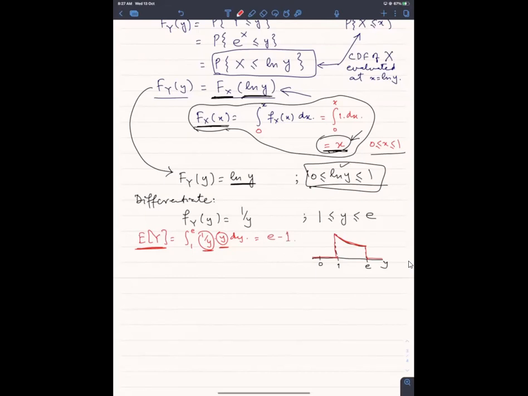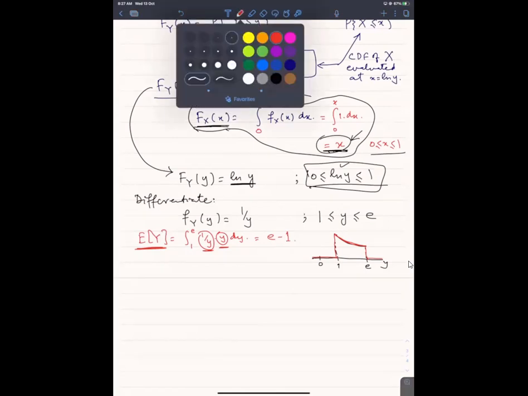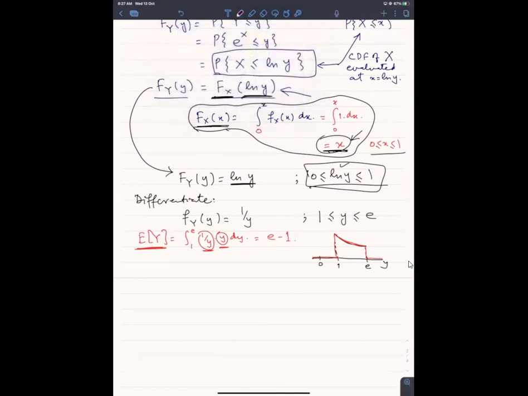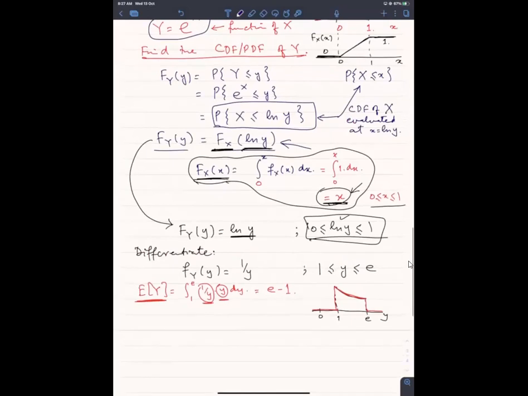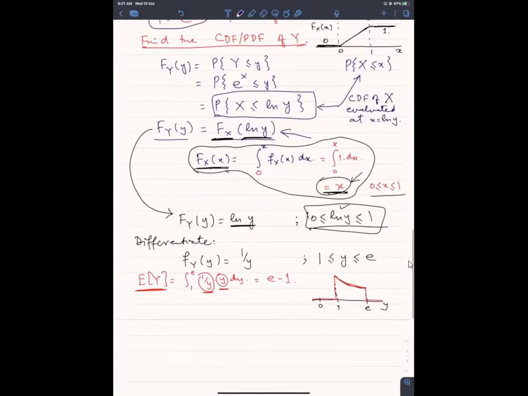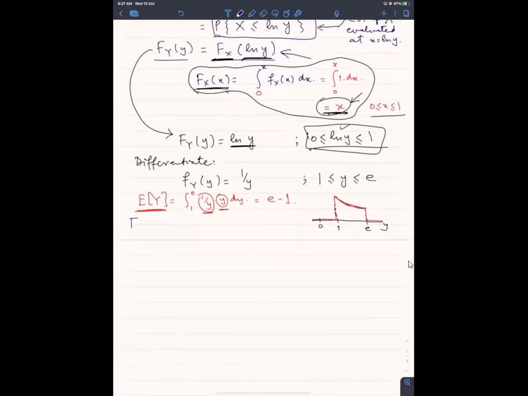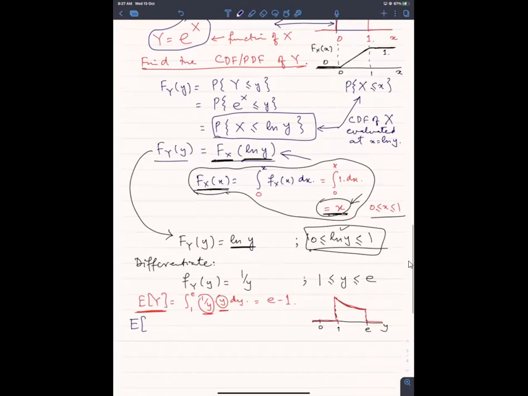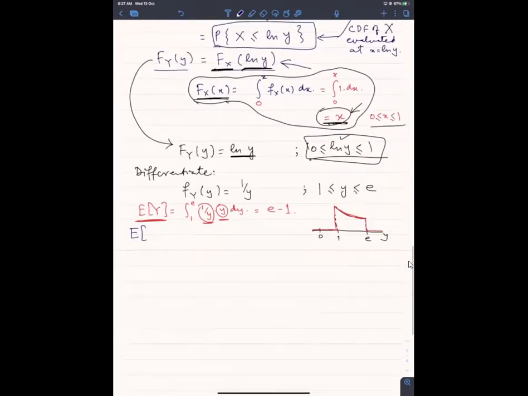That's the answer. Oh, by the way, ये हम डायरेक्ट भी कर सकते थे. Without finding the PDF, CDF of y, हम ये डायरेक्टली भी मालूम कर सकते थे. Expected value of y, हमें पता है कि y is e to the power x. Expected value of e to the power x, ये expected value of a function of a random variable.